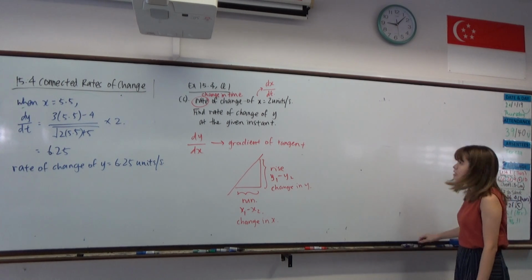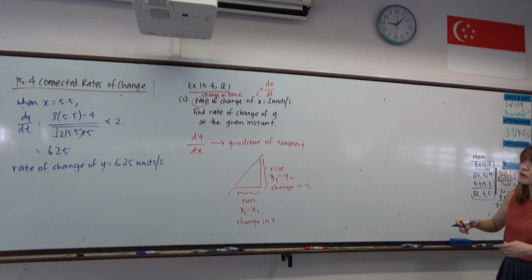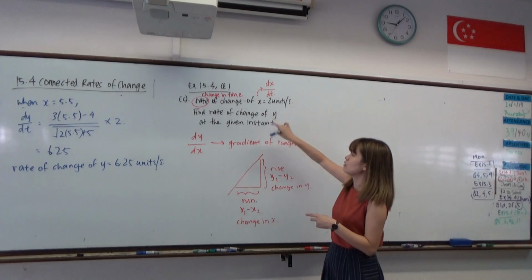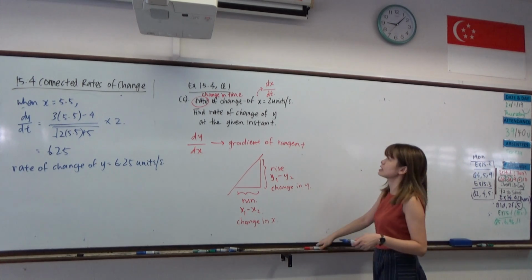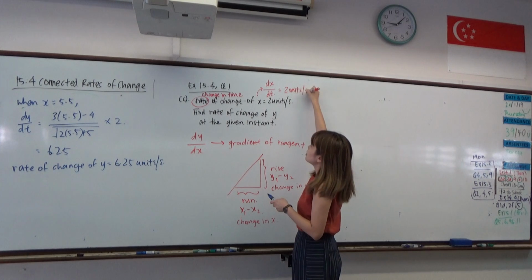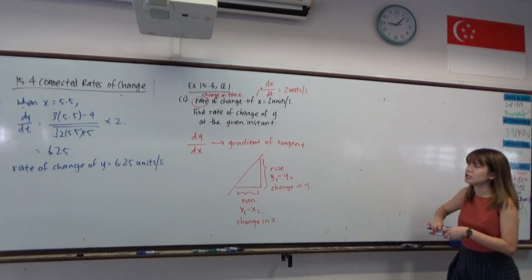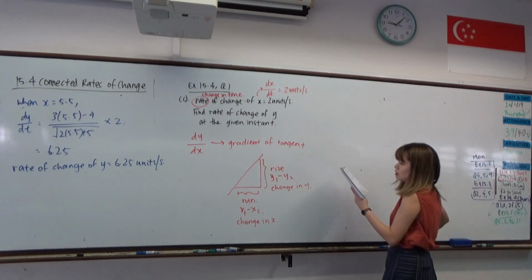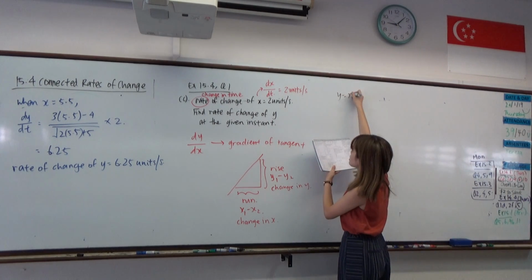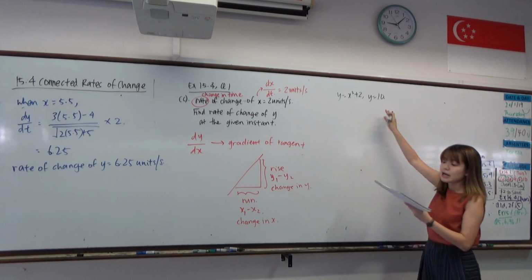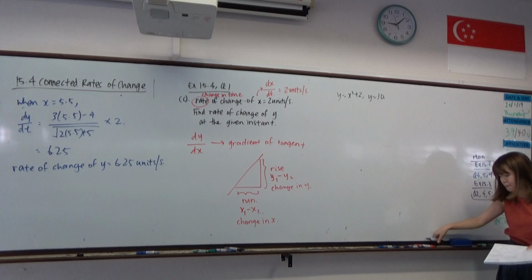Okay, so now moving into part C of question 1 in your exercise 15.4. We are given that the rate of change of x is 2 units per second, so dx over dt is 2 units per second. We want to find the rate of change of y at the given instant if my equation were y equals x cubed plus 2. And we want to find it when y is equal to 10.